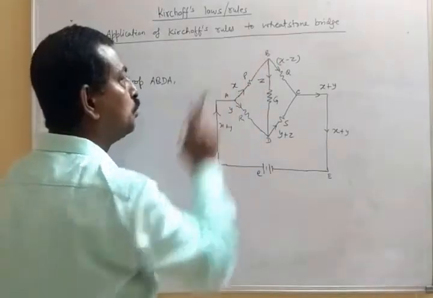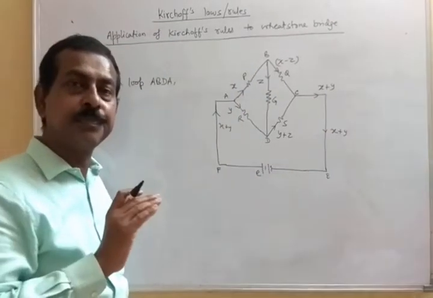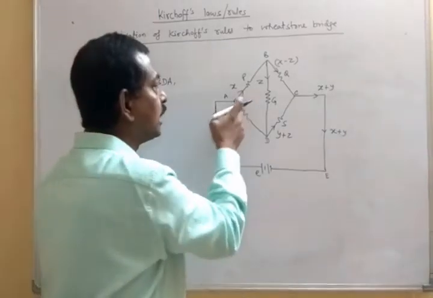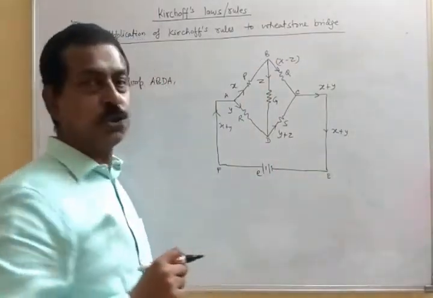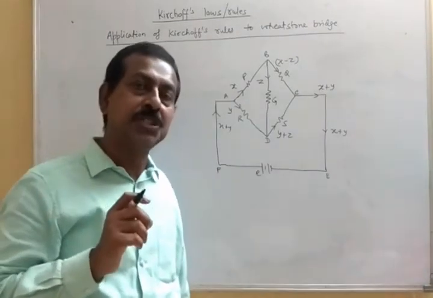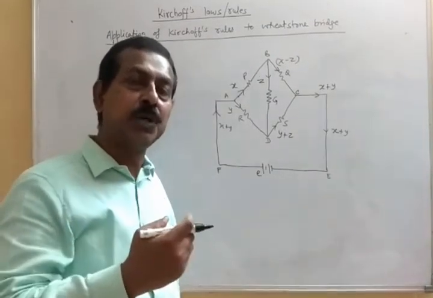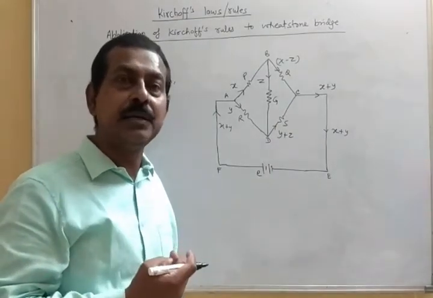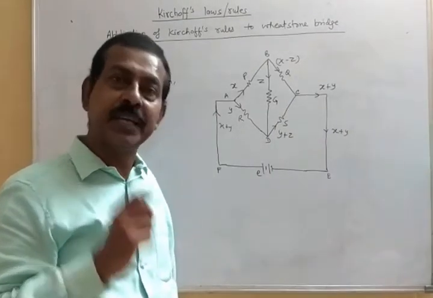From A to B, we are going in the direction of current, because current X is also going from A to B. So for loop rule, we have used the sign convention, taking rise in potential positive, that while passing through a resistor in same direction of current, we take the potential difference negative.